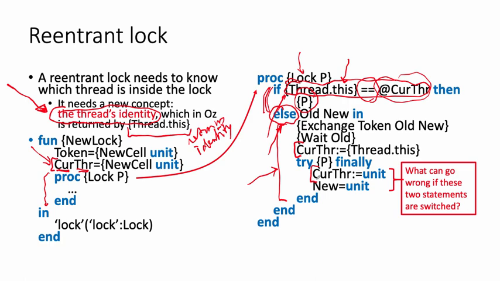So when I get in here, wait old, I'm in, I assign current thread to thread.this, and before I get out, I have to assign current thread back to unit. So while I'm executing P, the current thread will be equal to the thread that's in there. Okay, so this is a correct implementation of reentrant locks.